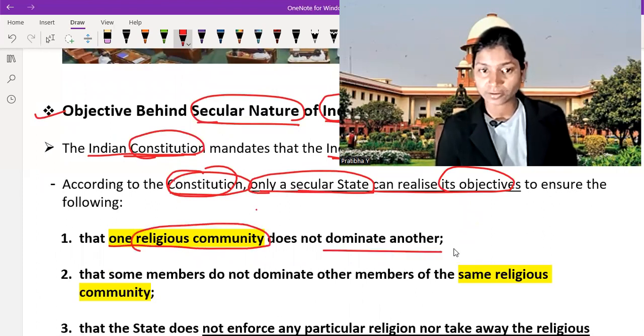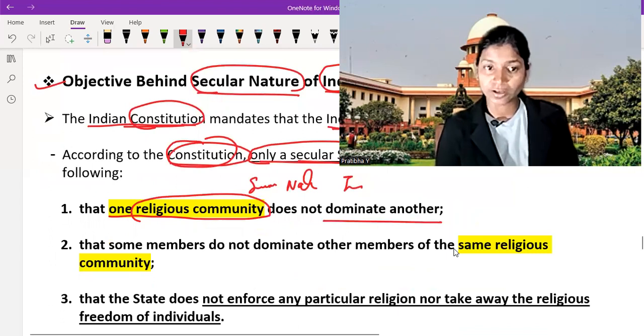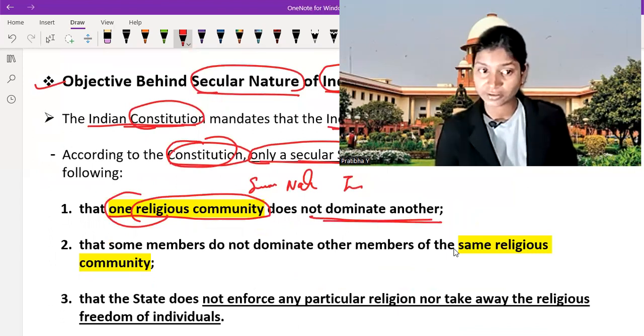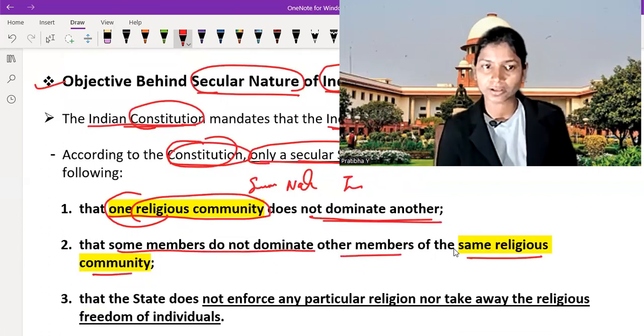If there is a secular nature in the Indian state, only then does one religious community not dominate another. Second, that some members do not dominate other members of the same religious community. For example, Hindu and Muslim. If Hindus are in the majority, they do not dominate the minority Muslim community.